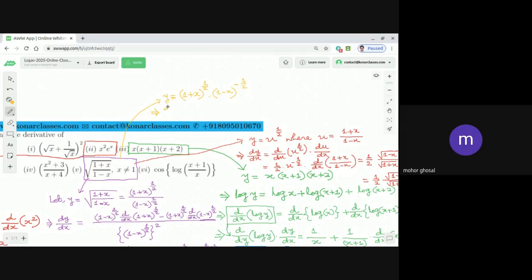So from here, if you find dy/dx, what will it be? It will be (1 plus x) power 1 by 2 into d/dx of (1 minus x) power minus 1 by 2, plus (1 minus x) power minus 1 by 2 into d/dx of (1 plus x) power 1 by 2.